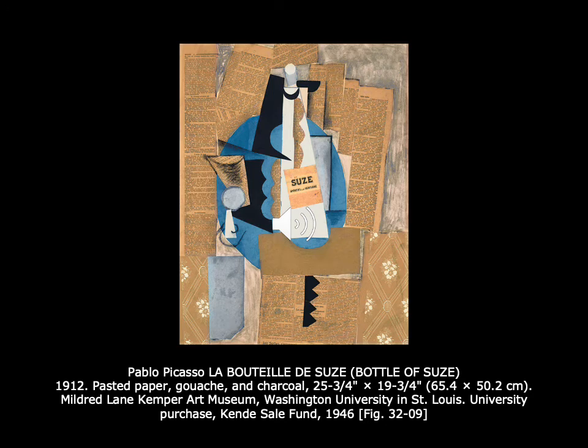There are three clippings featured in Glass and Bottle of Suze that refer to incidents during the First Balkan War, specifically in which Turkey was defending the Ottoman Empire.